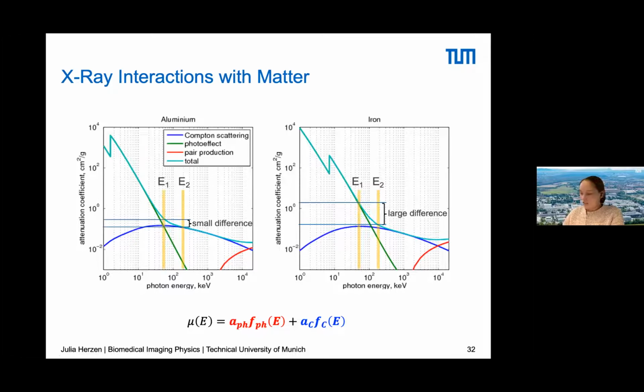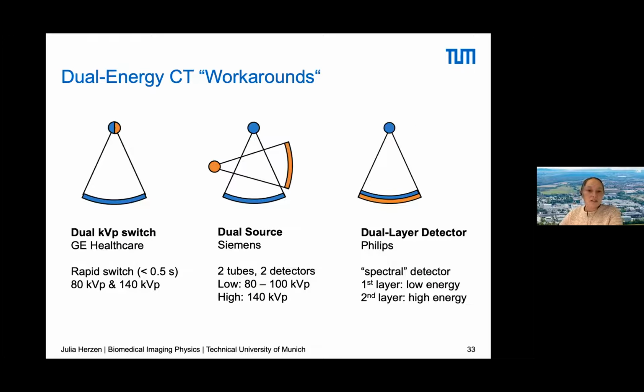And as I mentioned, it's frequently used in the clinics, as you have the different workarounds before the spectral detectors were available. We had these 3 different, like kVp switching by GE, or dual source by Siemens, just giving you the ability to measure at 2 different spectra and to distinguish between photo and Compton contribution.